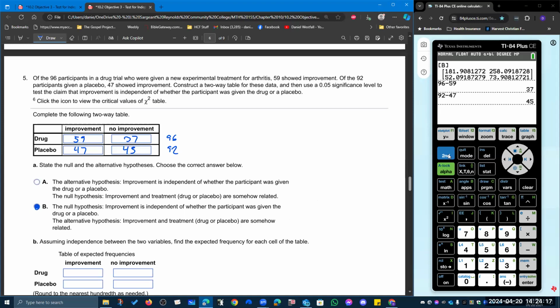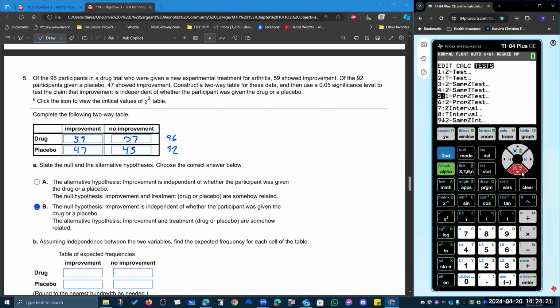Let's go ahead and run our hypothesis test on this. Make sure that I've entered the data. Yeah, I didn't, so I need to run that first. 59, 37, 47, and 45. Now we're ready to run that hypothesis test.